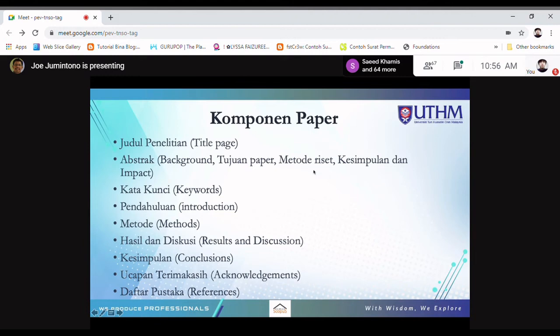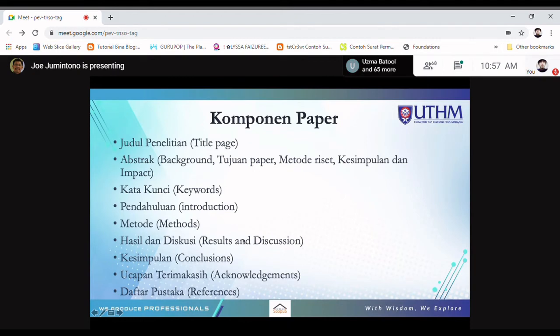Method of research consists of four. And this is kesimpulan, the conclusion and impact. Please give the impact at the end of the abstract. And then keywords, also introduction, method.